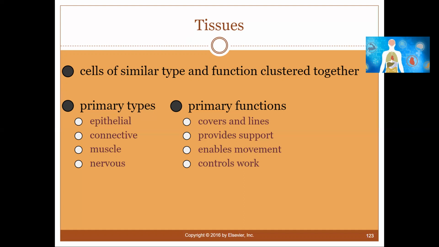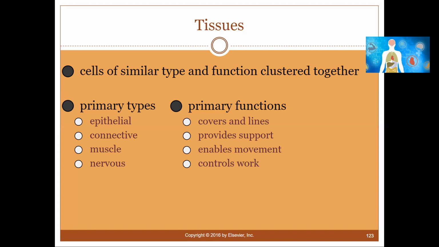Then we'll look at some of the specific cells associated with the epithelium of the integumentary system in a little bit. That's just a fancy way of saying we're going to look at skin cells, skin cells of the epidermis. So epithelium is a covering or a lining. The epidermis of the skin would be a covering.